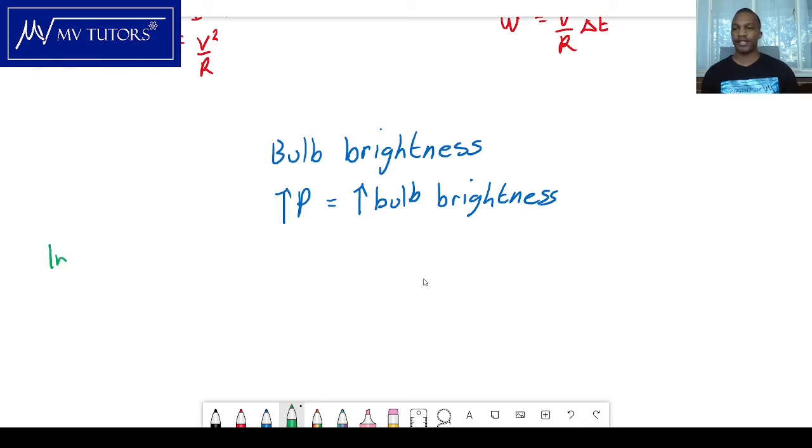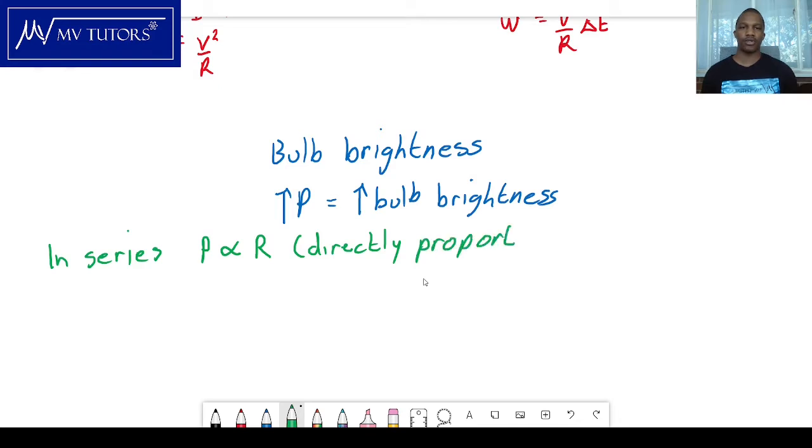So in series, the power is actually directly proportional to resistance. So what does this mean for us? How can I increase power if I want the bulbs to be brighter?